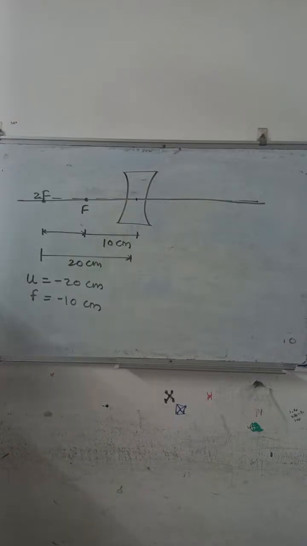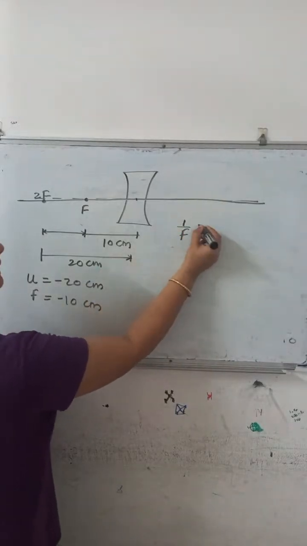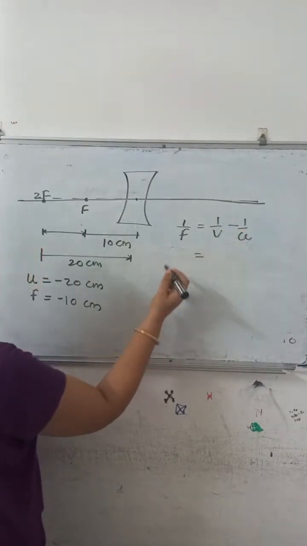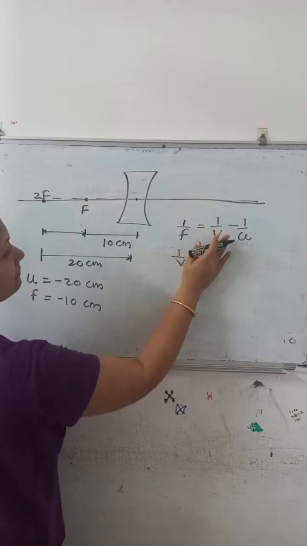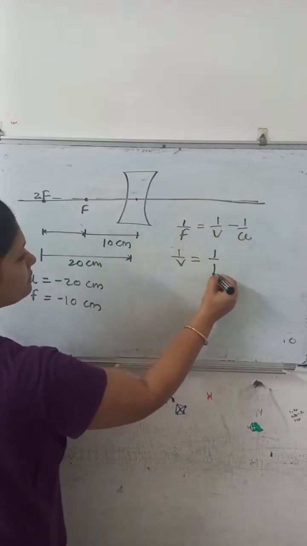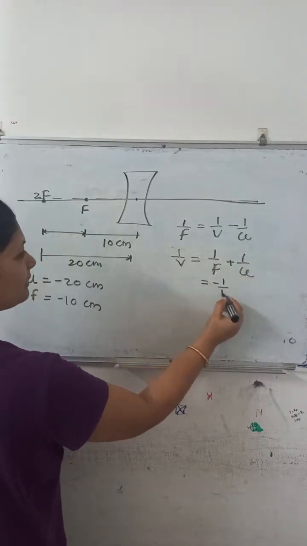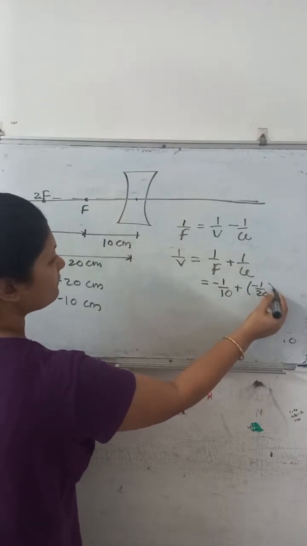We know the lens formula. What is the lens formula? 1 by F is equal to 1 by V minus 1 by U. We have to calculate 1 by V, so I will keep that aside and transpose the other things: 1 by V is equal to 1 by F plus 1 by U. 1 by F is minus 1 by 10, plus 1 by U which is minus 1 by 20.